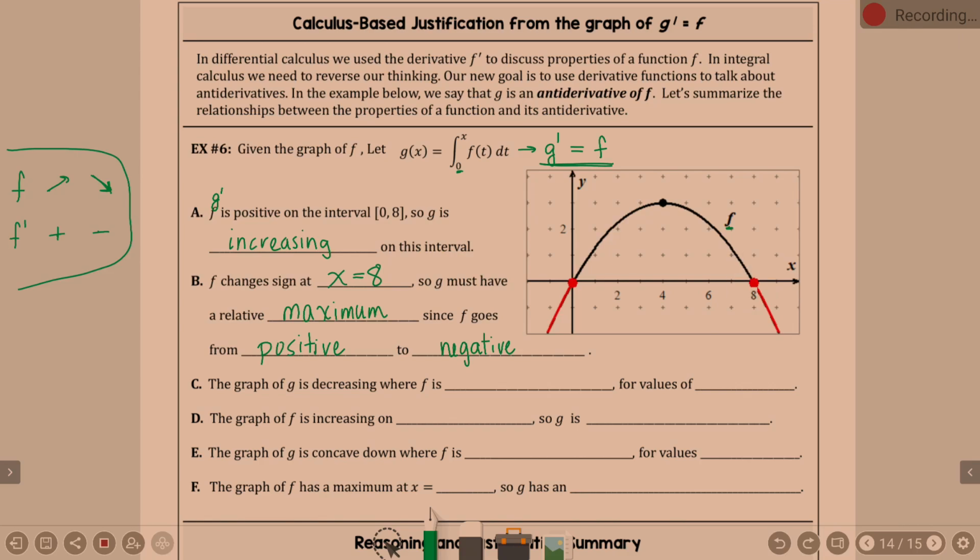The graph of G is decreasing where F is negative, for values of X bigger than 8.